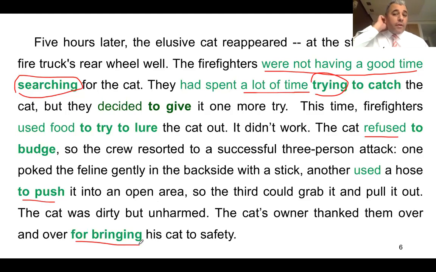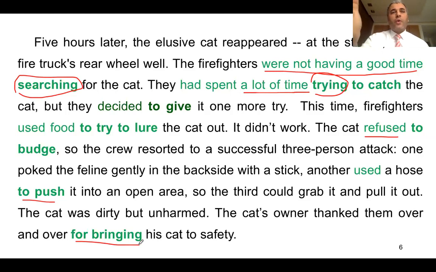Now here we have, again, a continuation of some of what we have been talking about with regard to gerunds. And in this paragraph, we have some expressions that can be followed by gerunds. There are some expressions that can be followed by gerunds, and there are expressions that can be followed by infinitives. Now, what I need to tell you here is that your textbook, chapters 14 and 15, is full of these expressions.